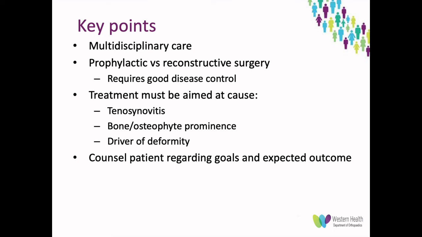Treatment should be aimed at the cause, and particularly looking at what is causing the deformity or the issue, and addressing this, as well as the goal of addressing the patient. And patients, as always, need really thorough counselling regarding what do they want, can we actually deliver this, and what's the expected recovery and outcome for them, and is it going to recur?